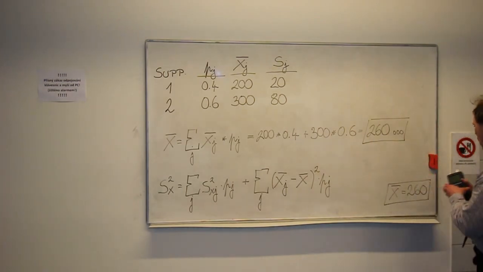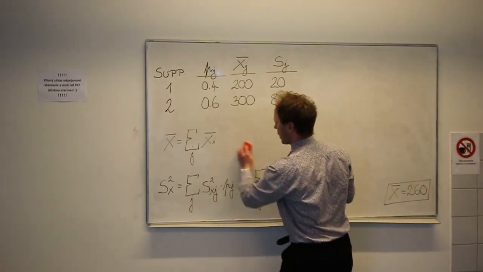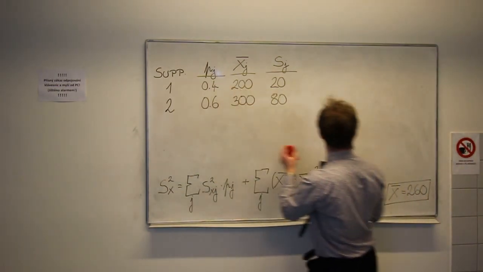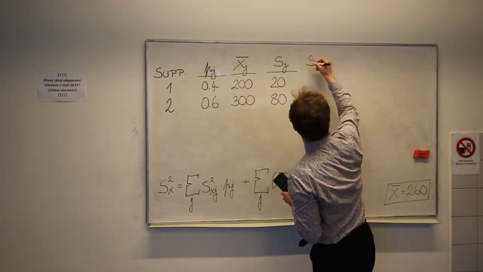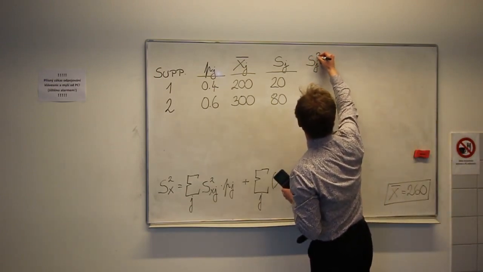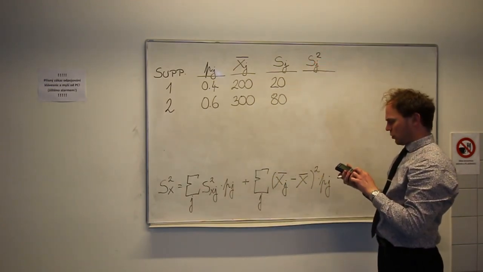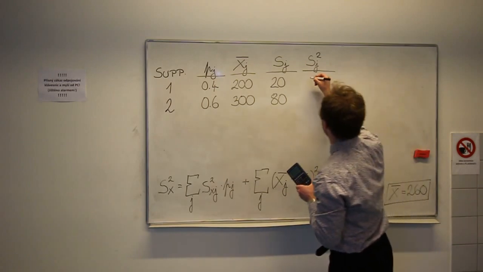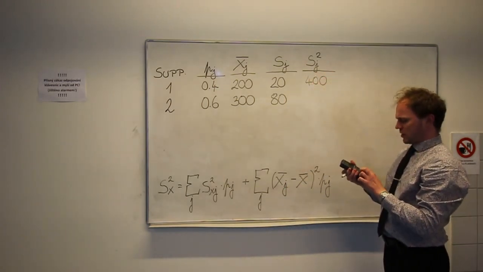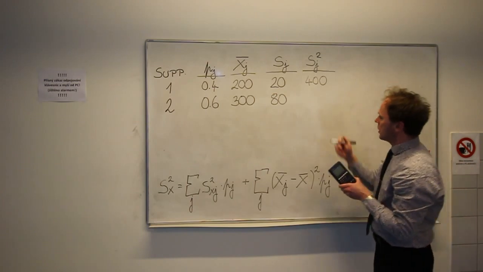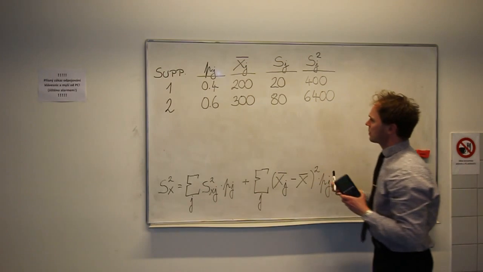Okay, so I will delete this total mean and we will calculate here s_j squared: 20 squared will be 400, and 80 squared will be 6,400.